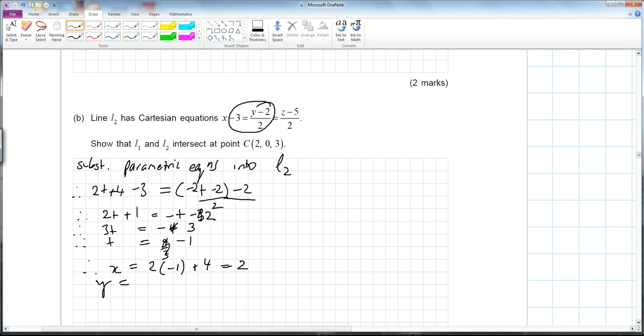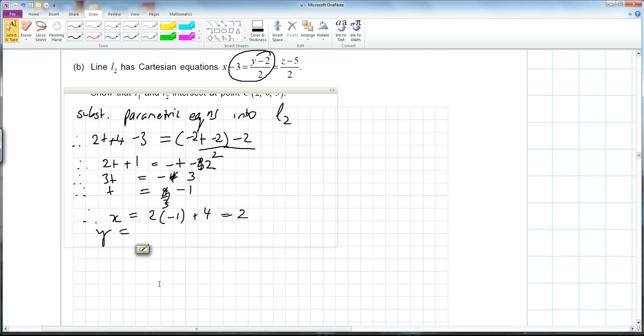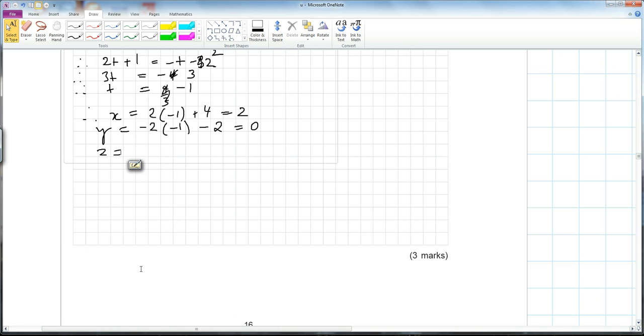Y is equal to minus 2 take 2, which gives us a value of 0, and z will be t plus 4, so 3, therefore the point of intersection is 2, 0, 3.